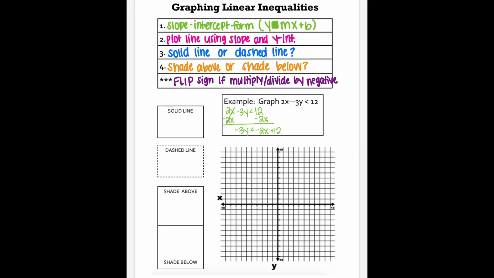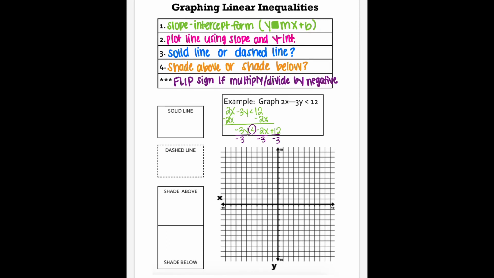Now this next step, we've got to get y by itself, so we have to divide by negative 3. But if we're going to divide by a negative number, our sign's going to flip. So I'm going to divide everything by negative 3. So our sign is going to change. All right, we're going to simplify.